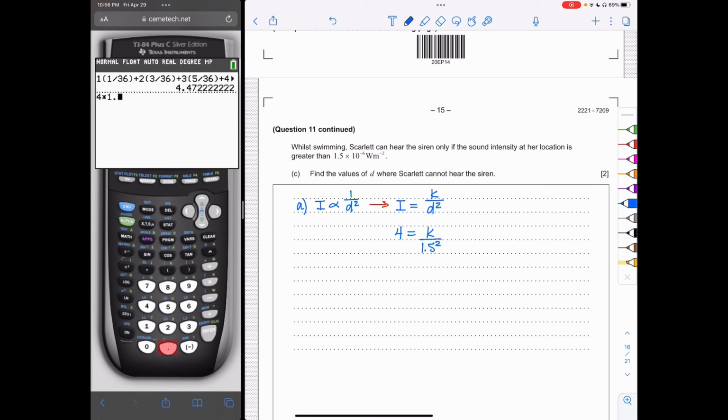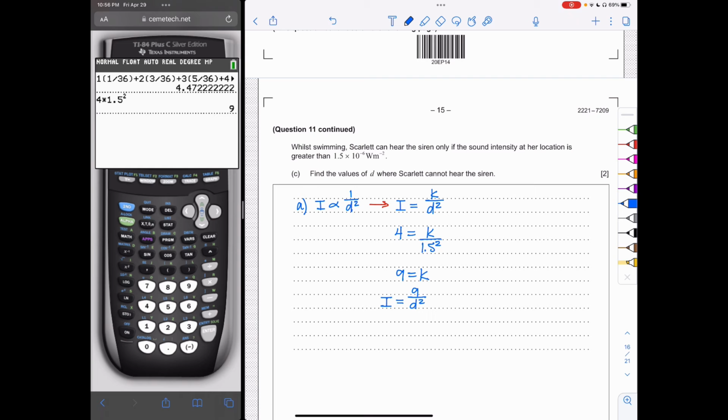So 4 times 1.5 squared is actually equal to 9. So I know that 9 is equal to K, which tells me that my equation is going to be I is equal to 9 over d squared.